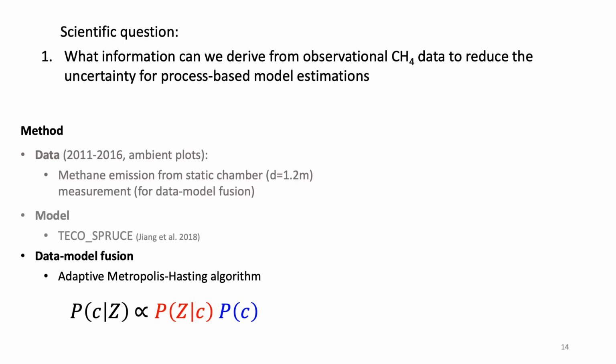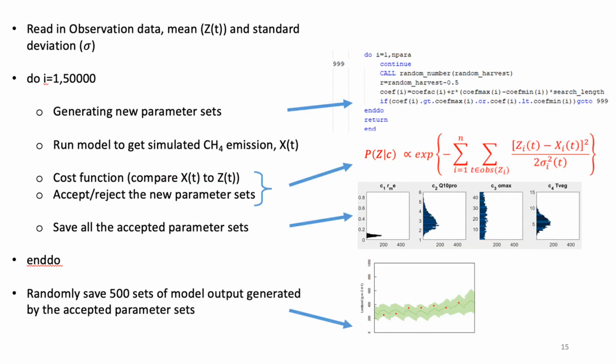The data model fusion algorithm I used is the adaptive Metropolis-Hastings algorithm. Here it shows the logic flow of data assimilation written into the source code of the TECO data assimilation framework. At each iteration in the chain, a new set of parameter values is randomly chosen.